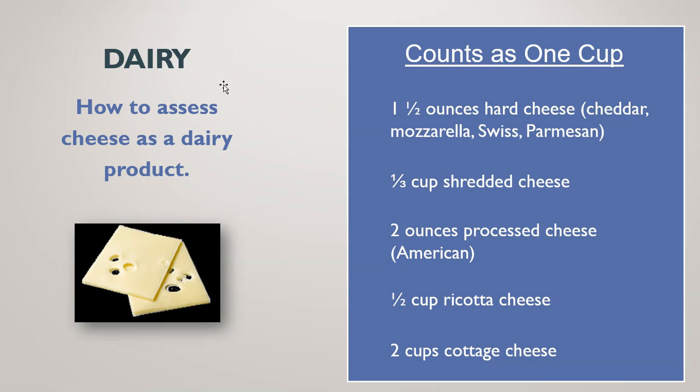And then remember the key points. With grains, we want to consume whole grains. At least half of the grains we consume, we want them to be whole. With protein, we want to be choosing lean or low fat. With dairy, we want to be choosing fat-free or low fat.